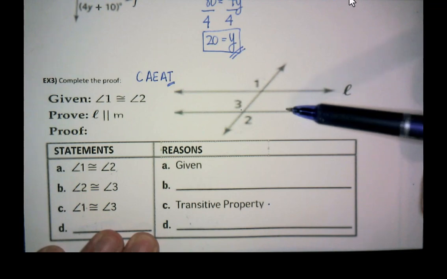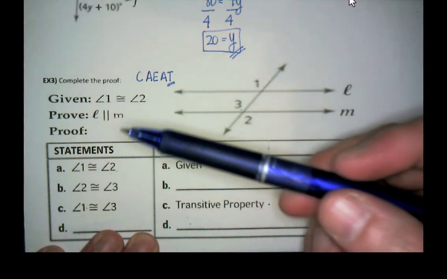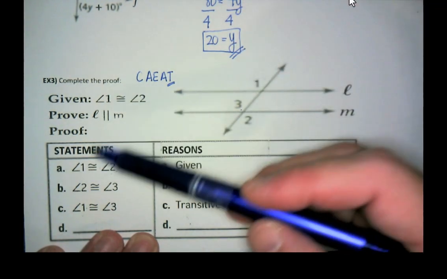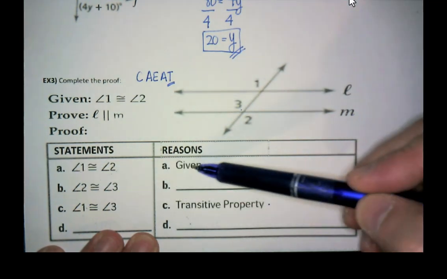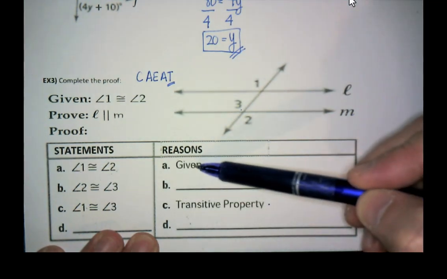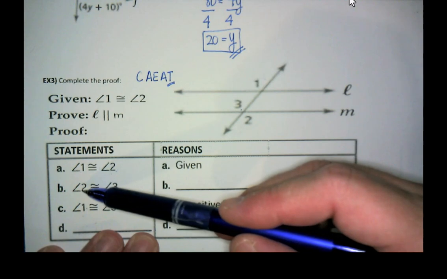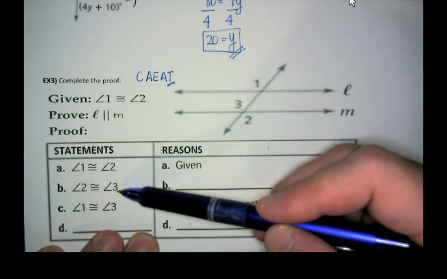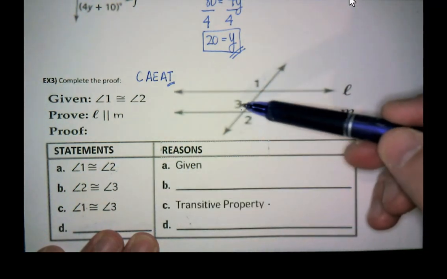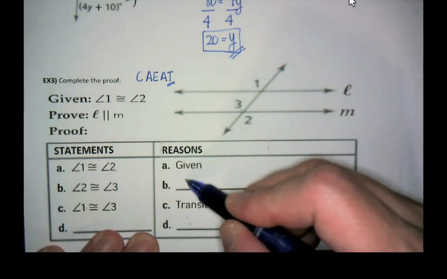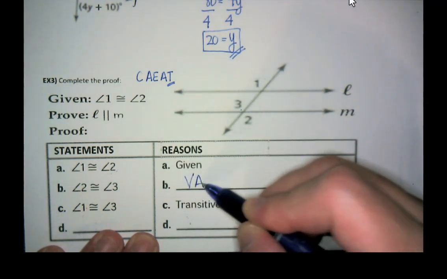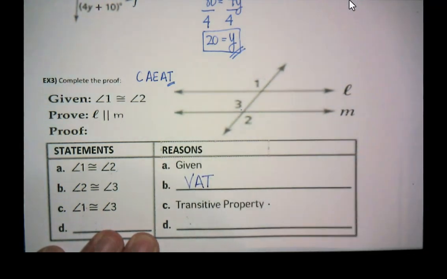Okay, and so basically we start with the information that is given. Angle 1 is congruent to angle 2. That information is given. Then it says angle 2 is congruent to angle 3, and we're going to use the vertical angle theorem. Okay, that's one of the laws that we have learned.